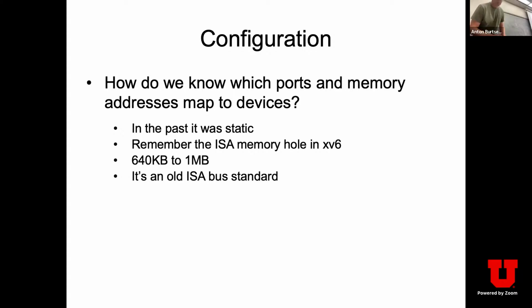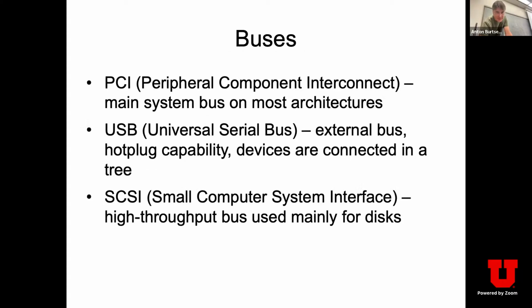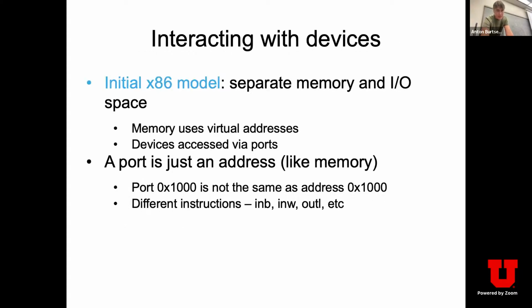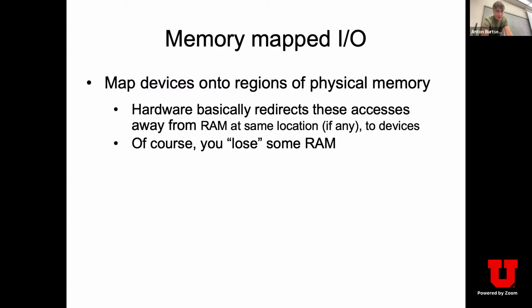Okay, we have the buses, and we will concentrate on the PCI bus, because it's the most widely used today. Memory mapped I/O, I talked about it. Instead of using in and out port space, some regions of memory are special, understood by the memory and PCI controller, and converted into PCI transactions.